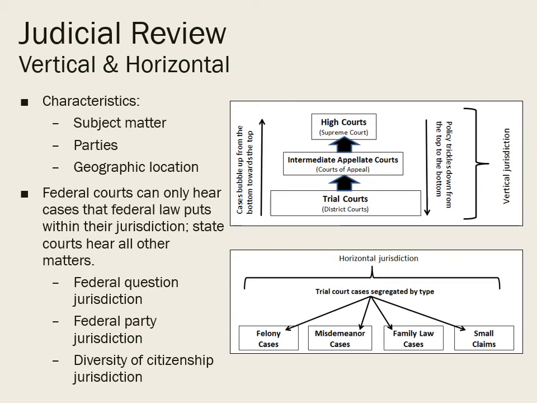Jurisdiction is based on the characteristics of an individual case, so primarily the subject matter, the parties, and the geographical location where the acts or omissions took place. So you look to whether a court is going to hear a criminal case, a civil case, or some type of specialized case like bankruptcy. You look to the parties.